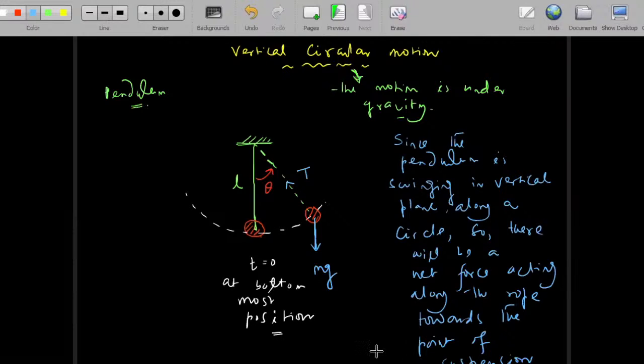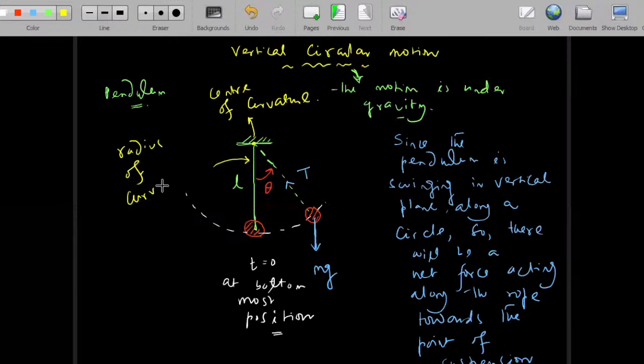Why so? The idea is very simple. The reason is that this point of suspension will act as the center of curvature, correct? And this length of the rope will act as the radius of curvature. Isn't it? This is clear, no?